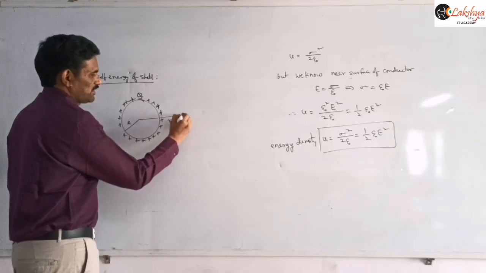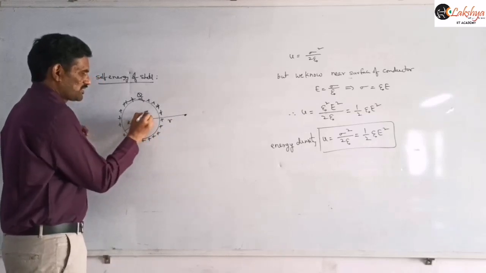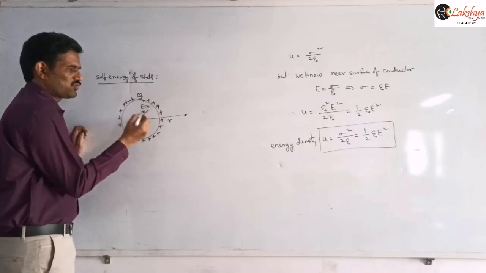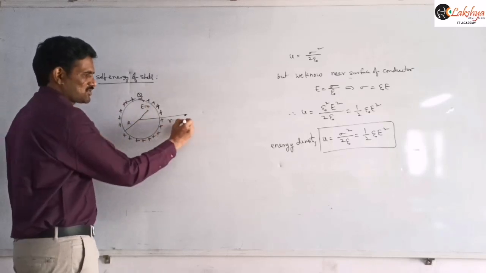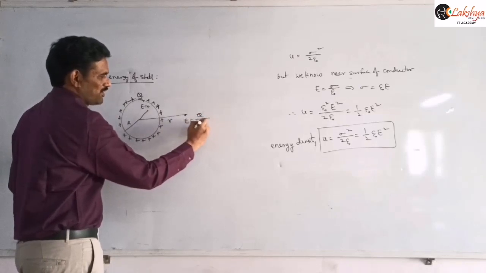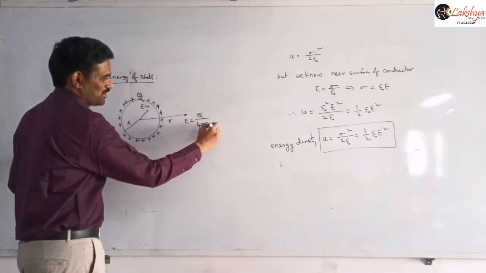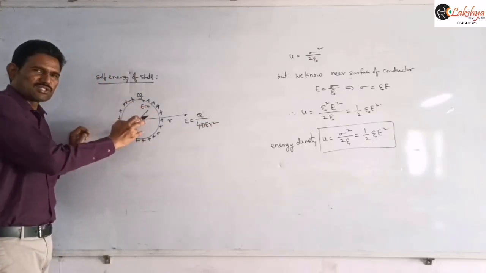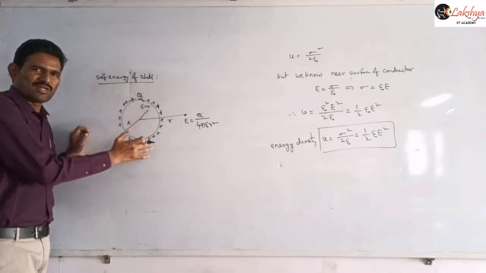Inside, the electric field due to the shell is 0, but outside it is non-zero. The electric field at this point we can write as q by 4 pi epsilon naught r square. So inside it is 0, meaning the electric field is not there inside the spherical shell, so no energy will be present inside the spherical shell. Energy will be there only outside the spherical shell.